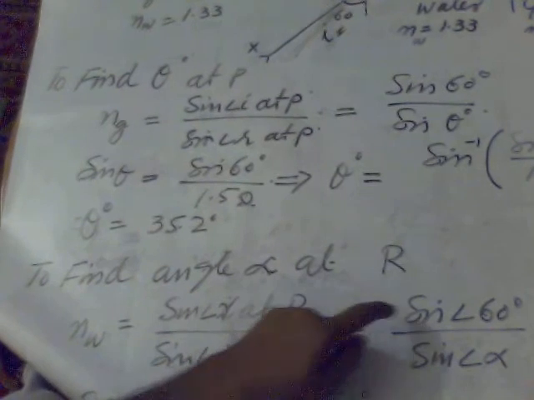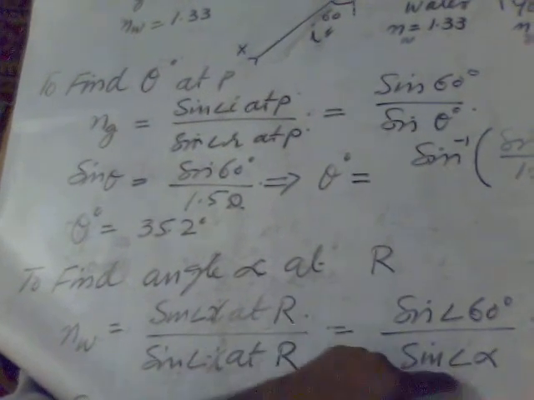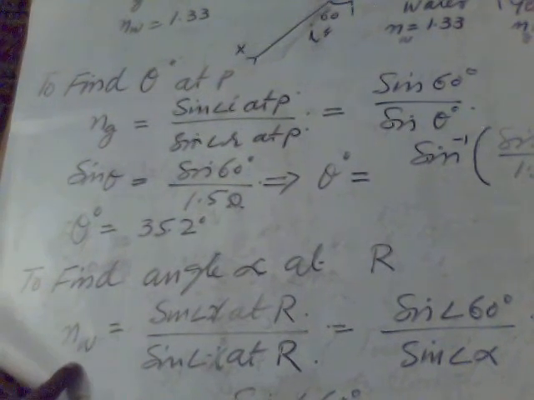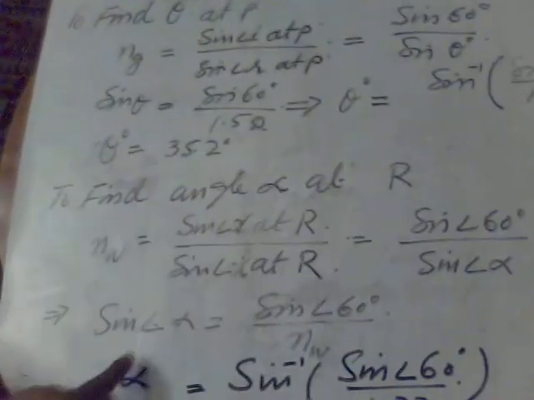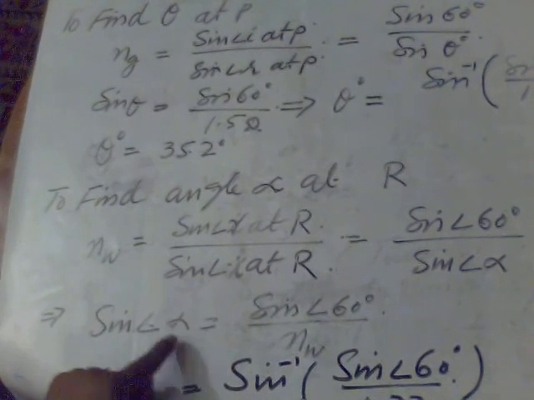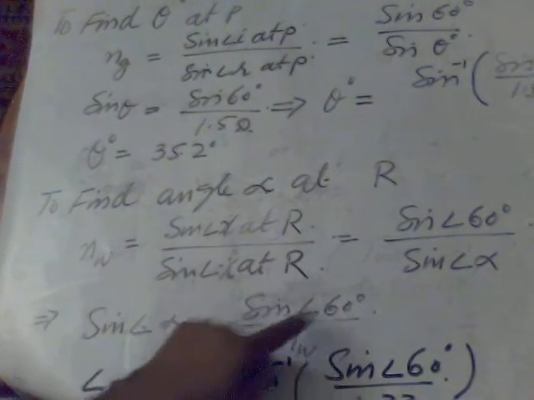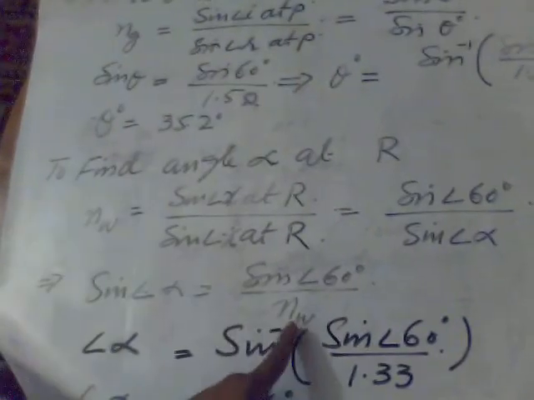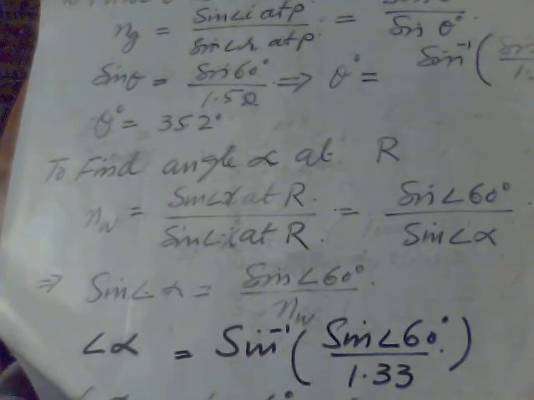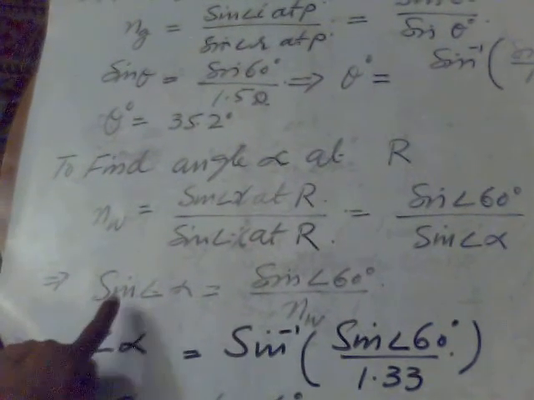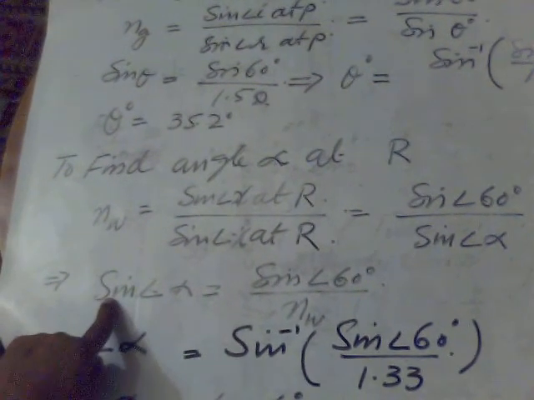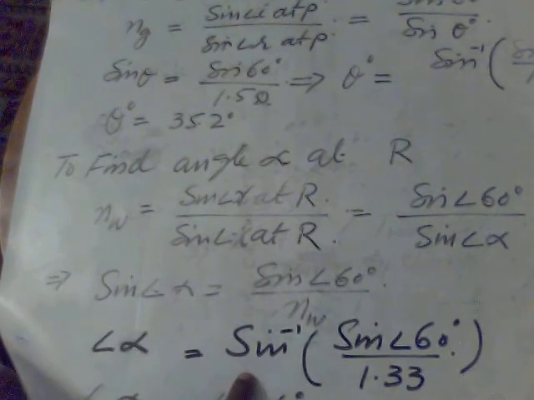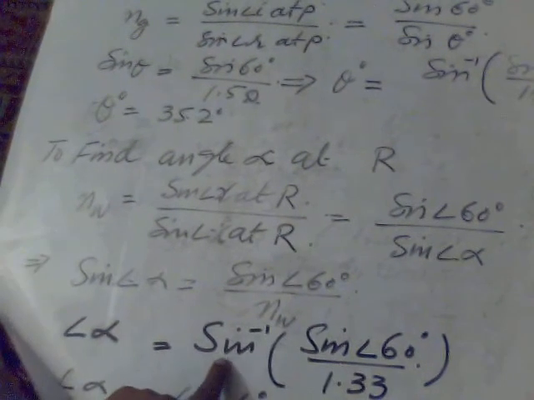So we write sine 60 over sine alpha, which is the refractive index of water. We rearrange the equation: sine alpha is equal to sine 60 divided by the refractive index 1.33, and on the right side the sine becomes inverse sine.